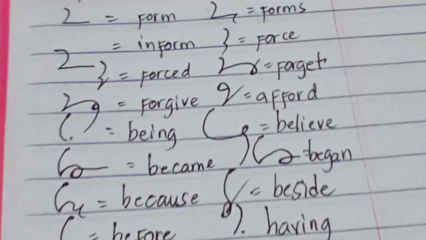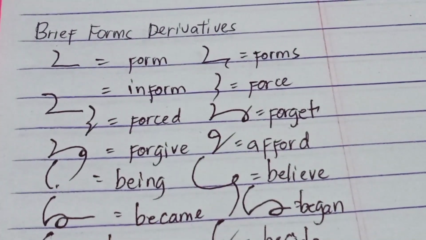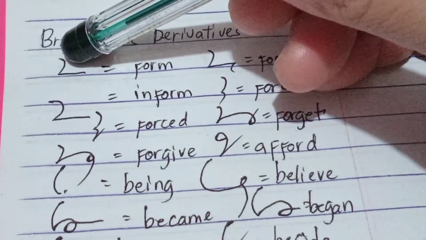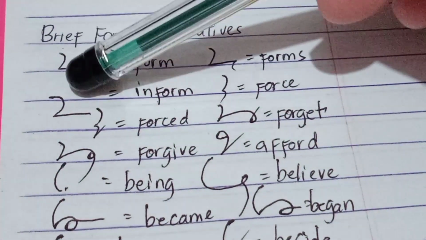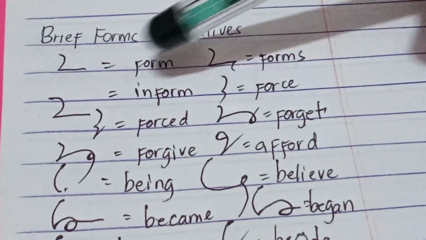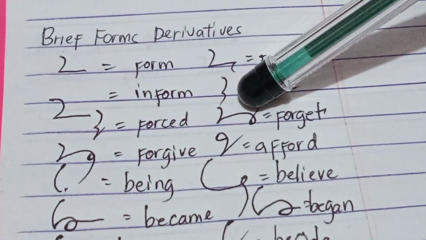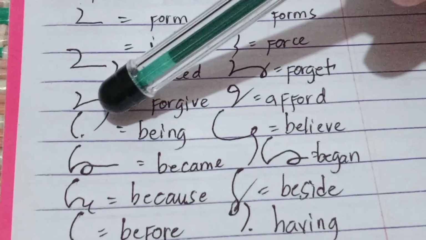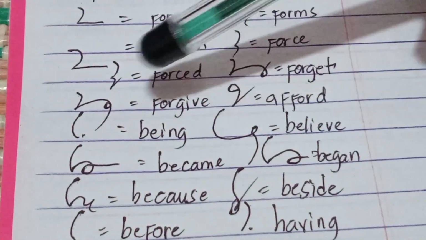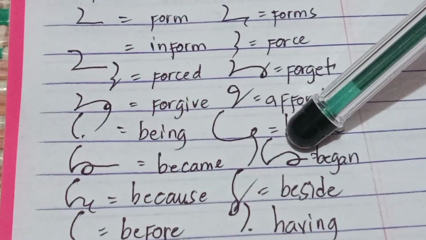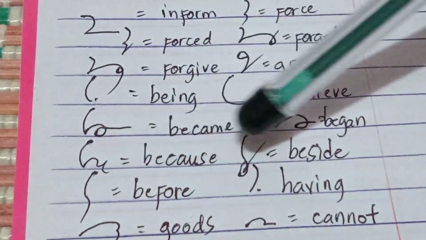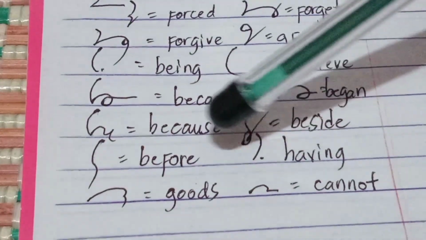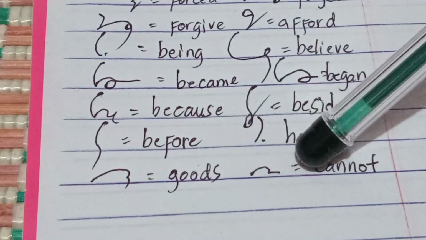Okay, so these are the examples of brief form derivatives. So, basahin po natin. So, this is form, forms, inform, force, forced, forget, forgive, afford, being, believe, became, began, because, beside, before, having, goods, cannot.